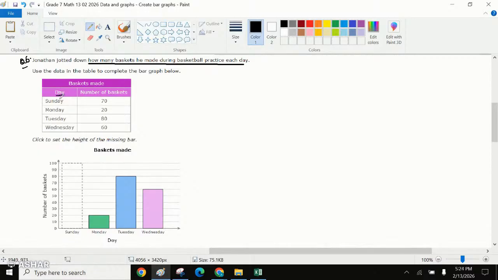So the days are given: Sunday, Monday, Tuesday, and Wednesday. We are considering 4 days and we're considering the baskets. The first one was 70, 20, 80, and 60. So we can say on Monday he did 20 baskets. On Tuesday, he scored 80.